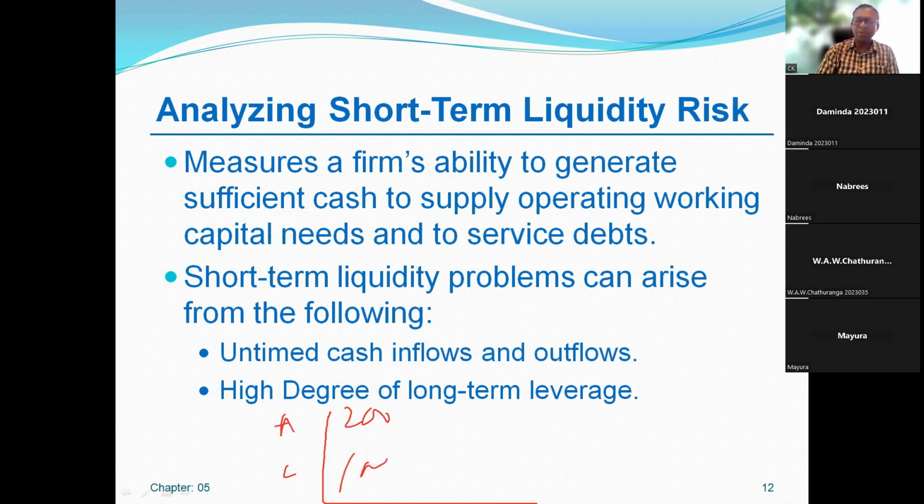By the look of it, we are in a comfortable position because we have more assets. These assets can be cash, debtors, inventory, and various other things. Liabilities also include creditors, payables, different kinds of liabilities. Let's say you have cash 10, debtors 150, inventory 50.